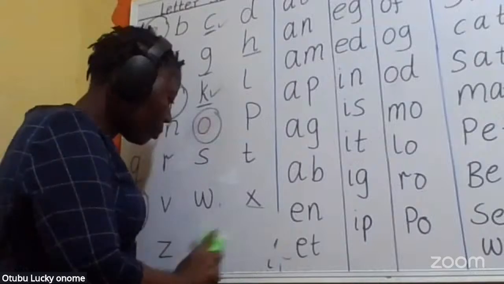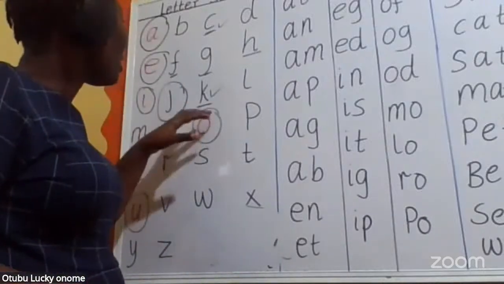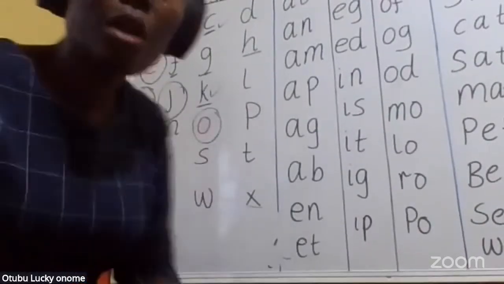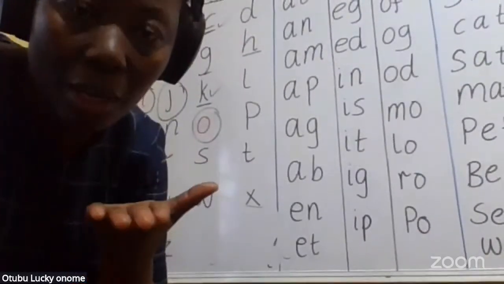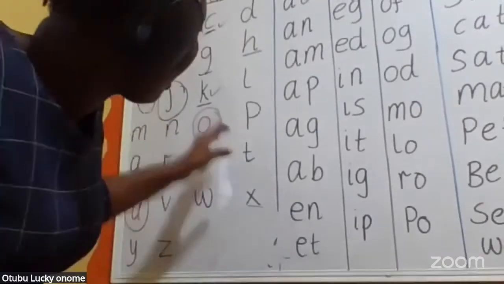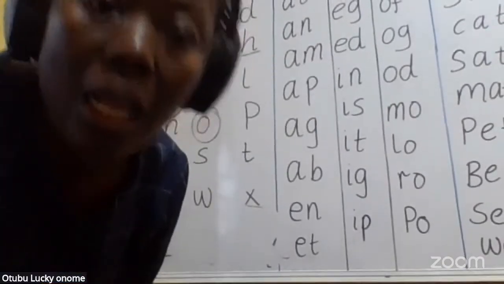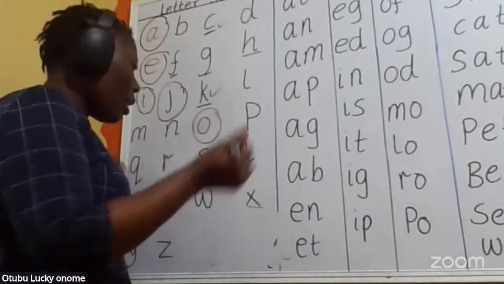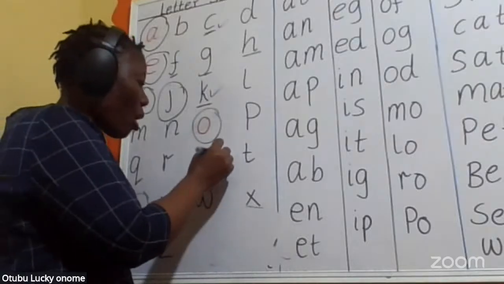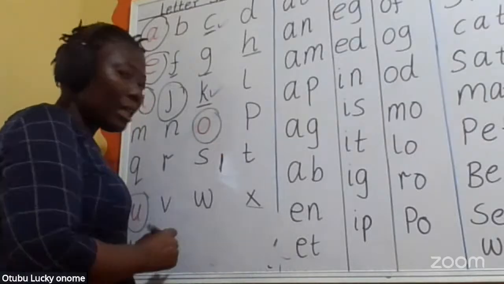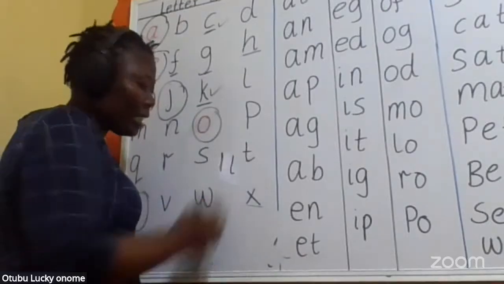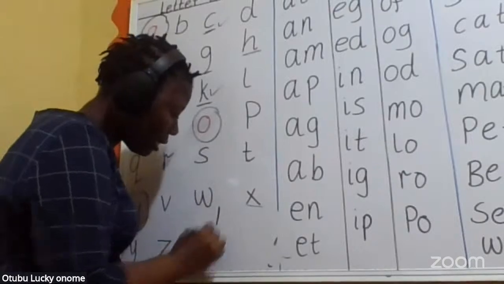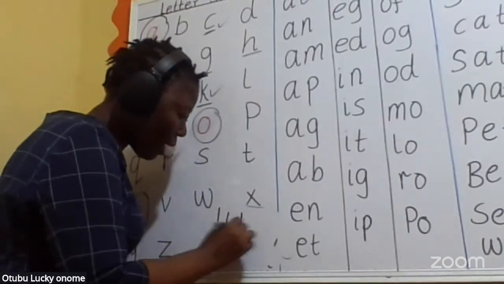The next sound is l. To say this sound, your tongue will be flat, in between your teeth. Lion. It's very easy to write. This is lowercase. We can also write lowercase like this, and this is the uppercase.